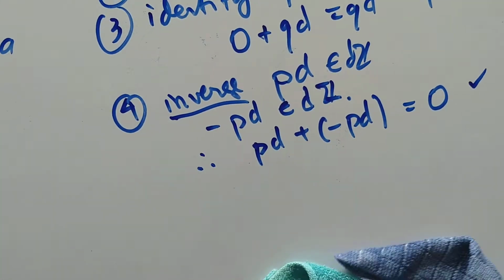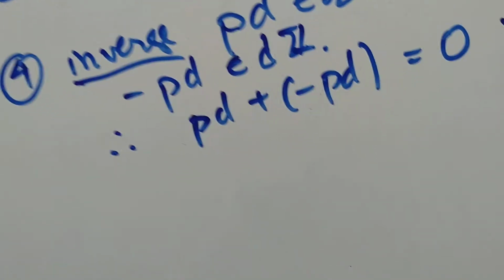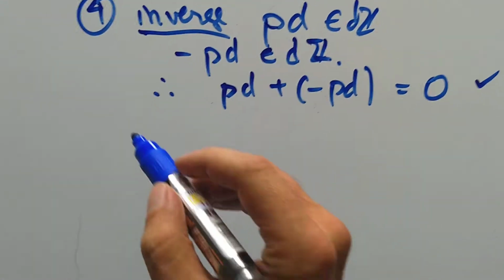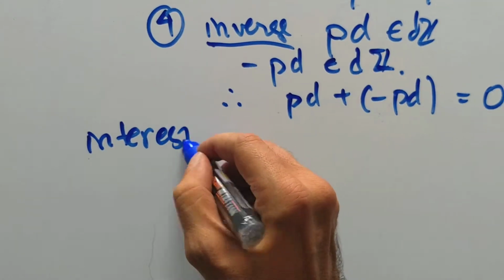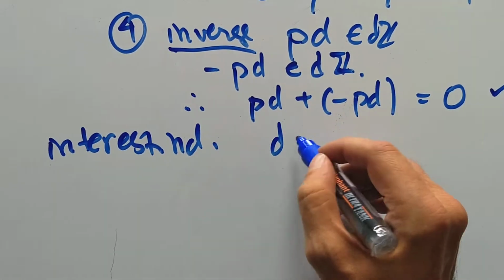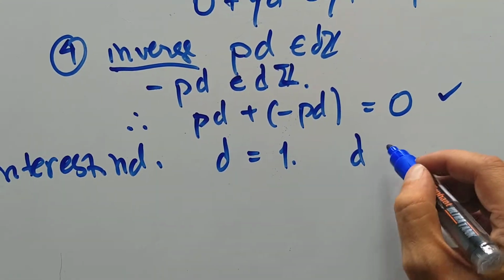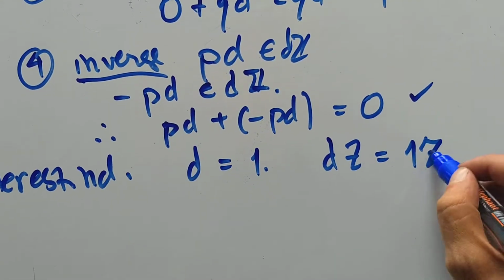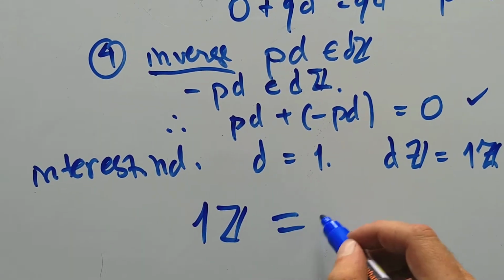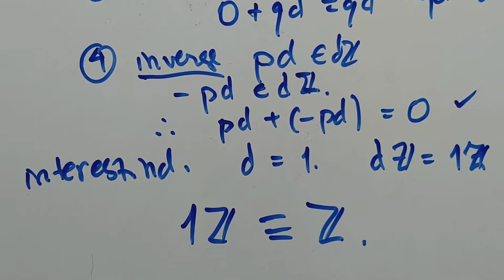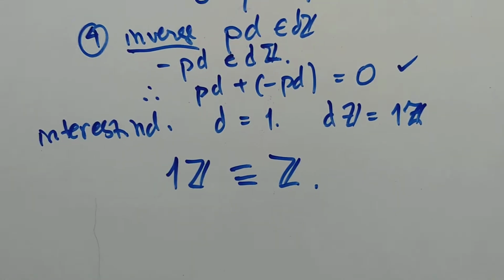Great. And a very interesting little point here. Take D equals 1, and I have DZ. Now it's 1Z. What is 1Z? Well, 1Z is all multiples of 1. That's the same thing as Z itself.